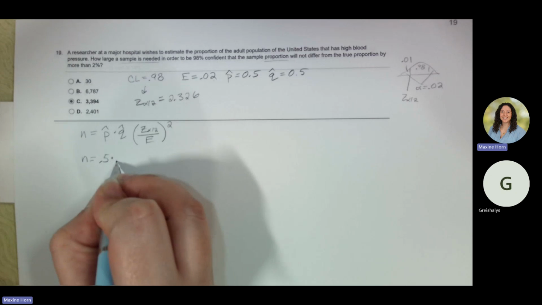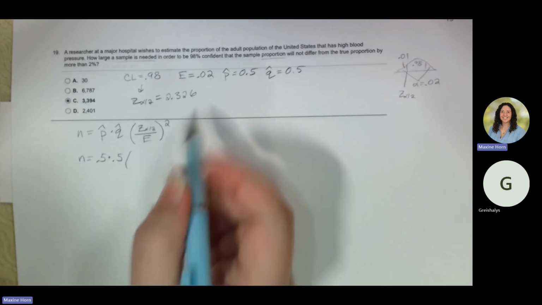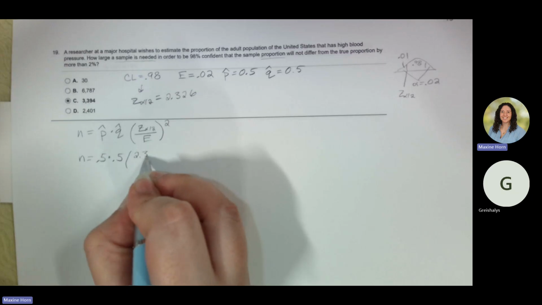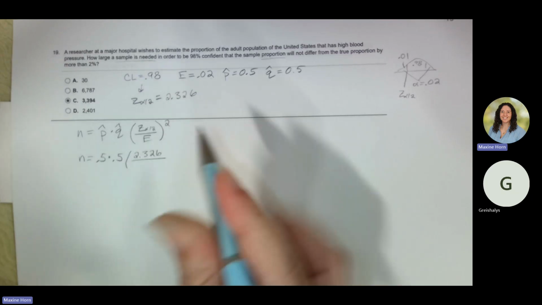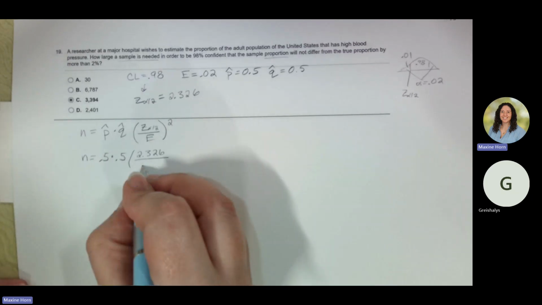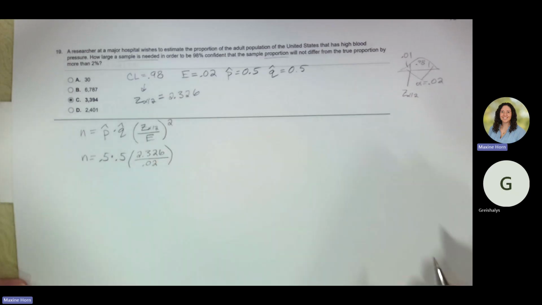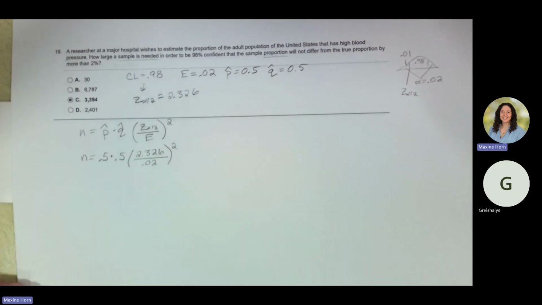All right, so let's go ahead and plug everything in. We've got 0.5 times 0.5. We've got our z alpha halves, which we found to be 2.326. Our margin of error is 0.02, and we're going to square that.